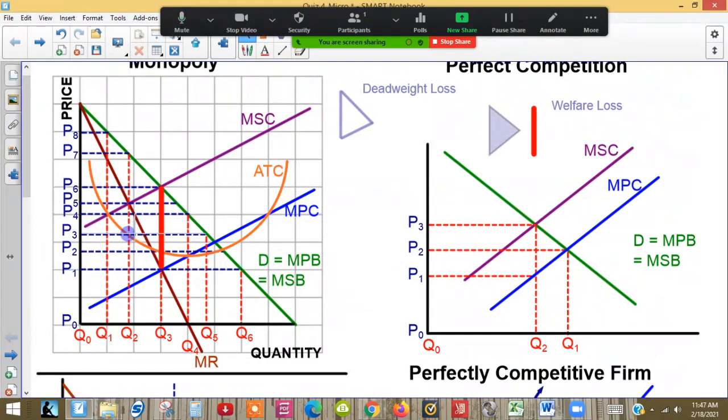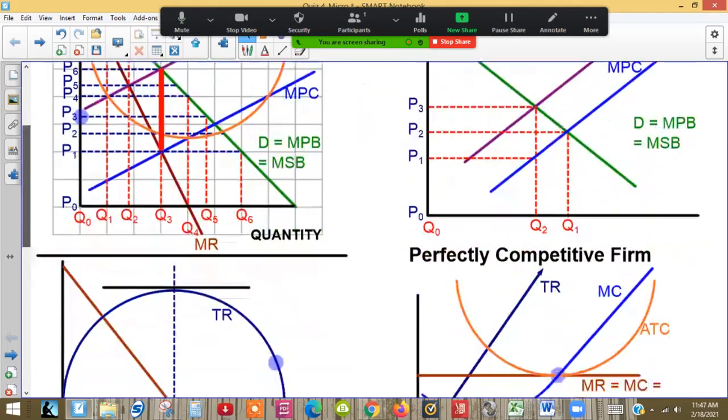So the profit's going to be P7 minus P3 times the quantity Q2, right? This rectangle area right here, right there. All right, that's the total profit.